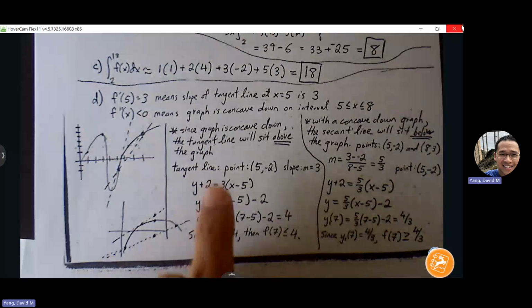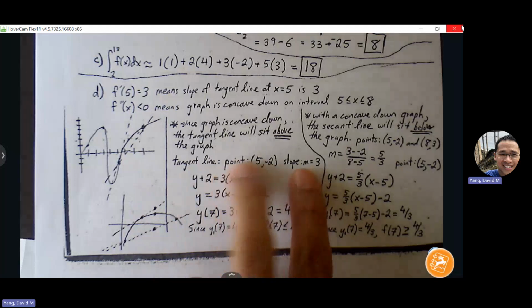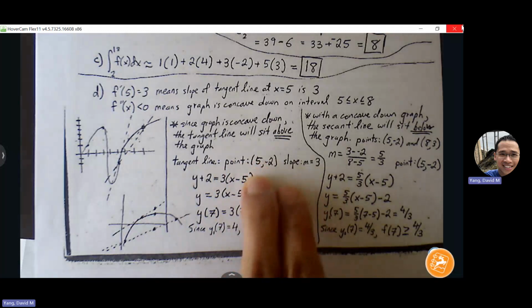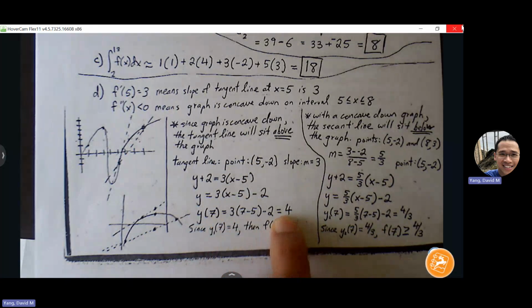So that's the process that I went through on my key here. Since the graph is concave down, we know the tangent line is going to sit above the curve. So to build the tangent line, we just take the ordered pair, take the slope, do point slope form, and plug in 7. If I plug in 7, I get 4.